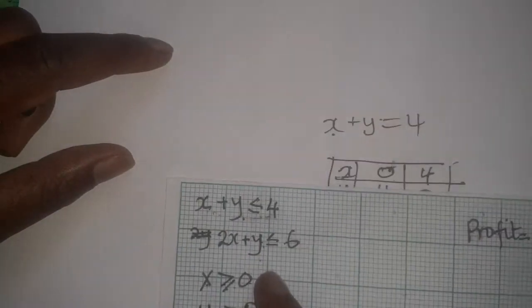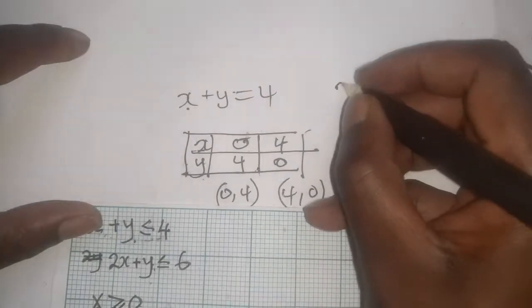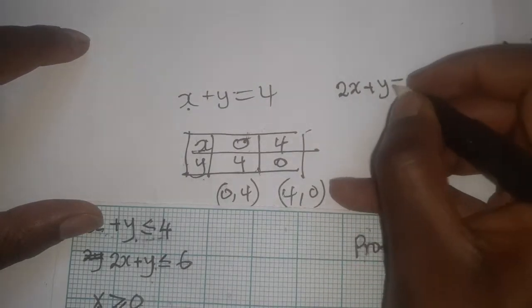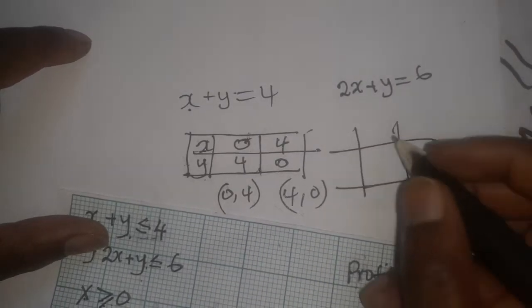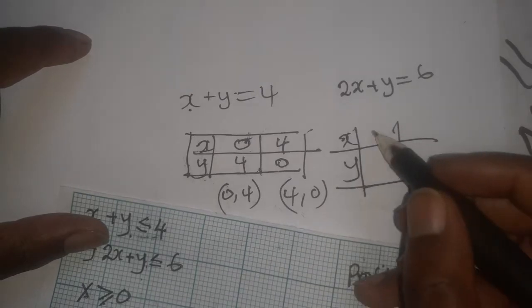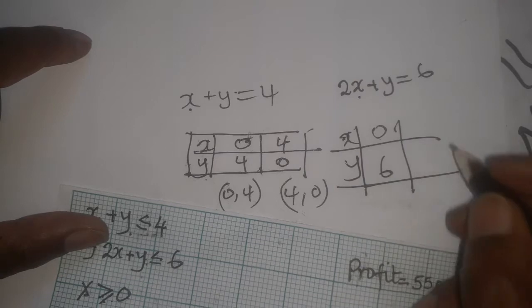So this one, we do the same thing also. We need the coordinates. The equation is 2x plus y is equal to 6. We do the same thing, x and y. If x is equal to 0, when we put 0 here, y will be 6.